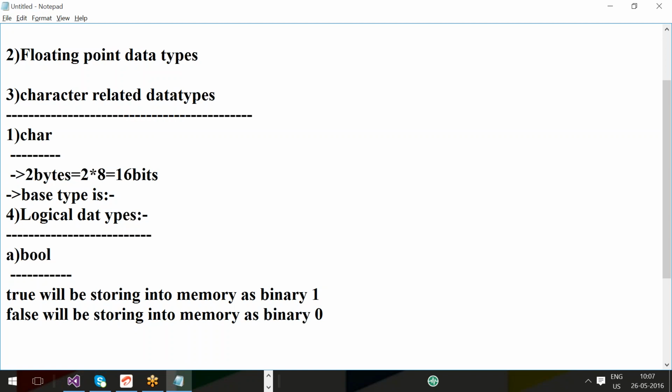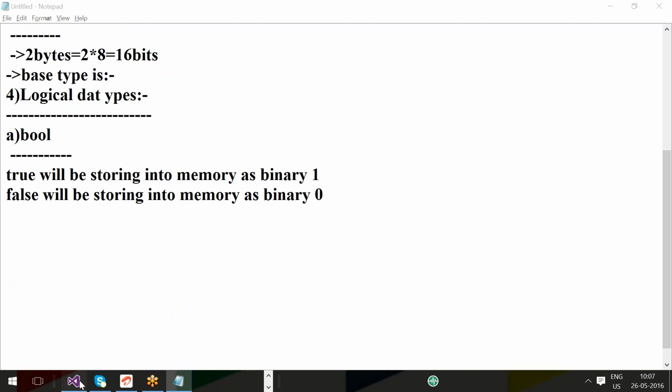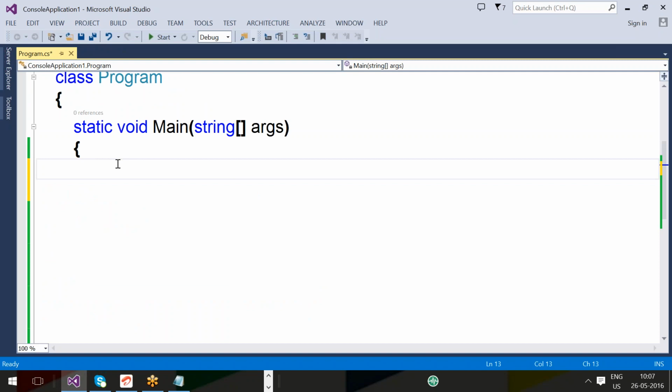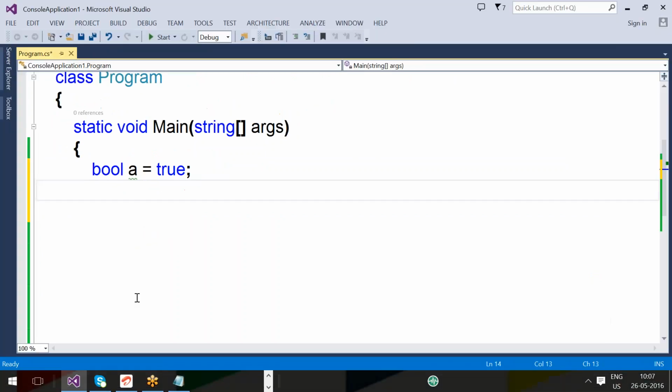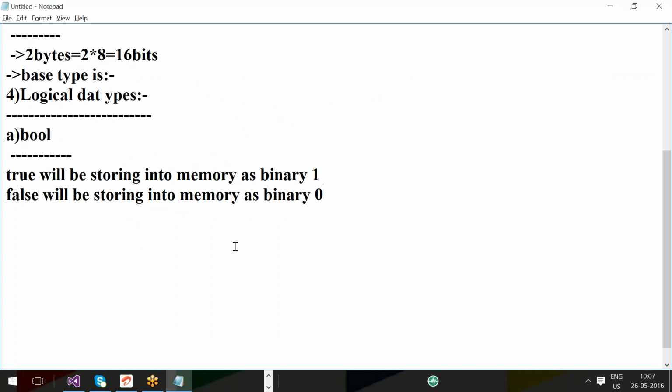Okay, so that is the story. Let's say bool a equal to true. A equal to true means into memory it will be stored not as true but as 1, binary 1, not numerical 1. My question to all of you, what is the predefined size of bool?